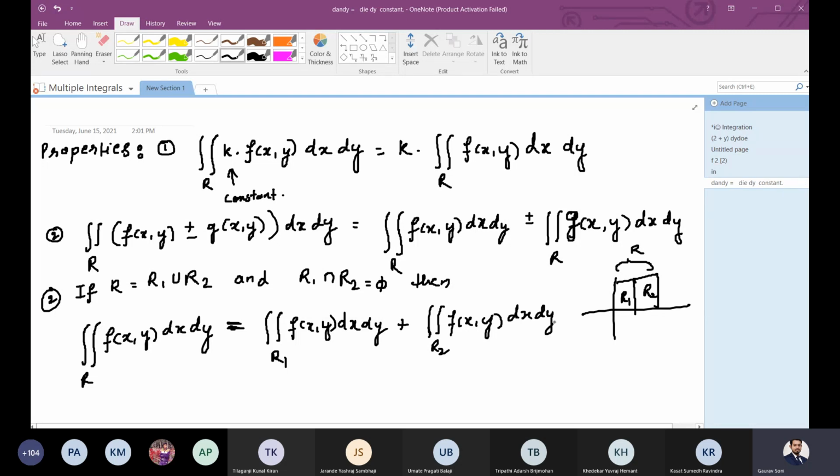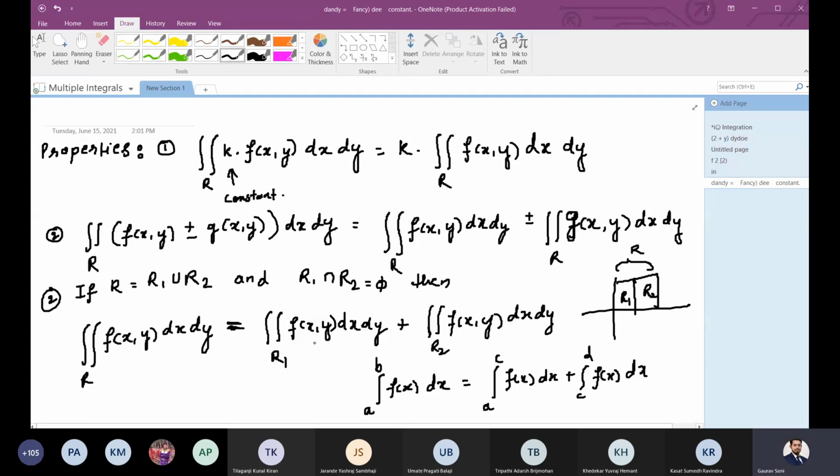This is just a generalization of a property you have seen in your 12th standard: the integral from a to b of f of x dx, and if you have any point c between a and b, then it is the integral from a to c of f of x dx plus the integral from c to b of f of x dx.